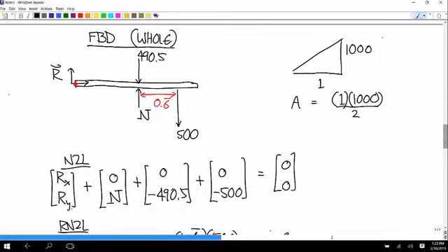Notice for this thing to be in equilibrium, even though all these are doing is making equilibrium happen with these two applied external loads, this has to pull down to counteract these two downward forces. All right, are we done with this problem? No, we haven't really started it yet.